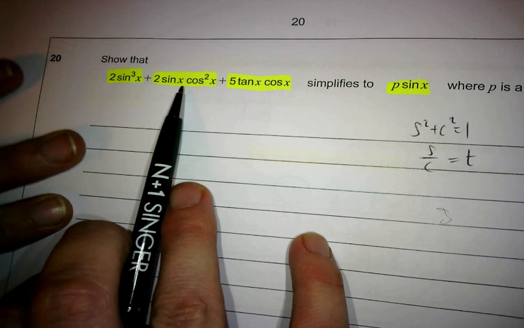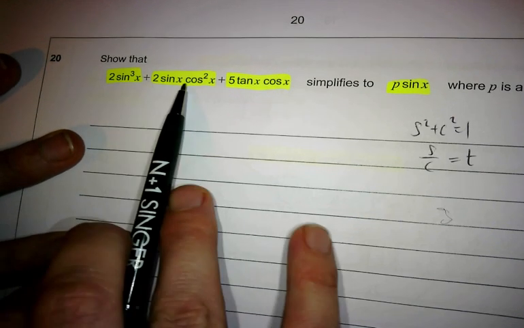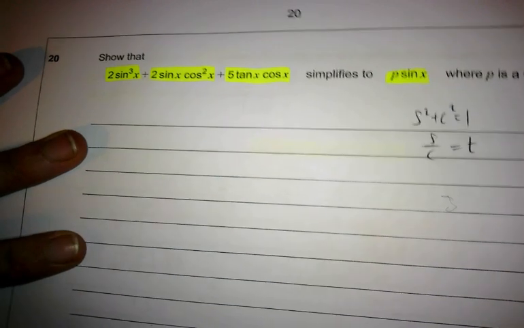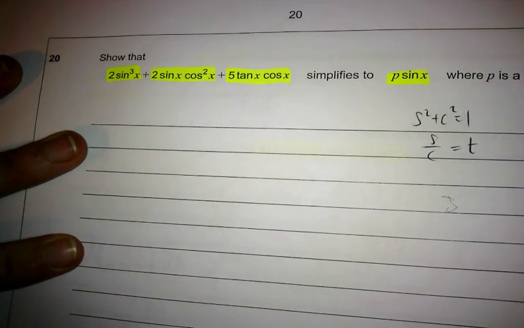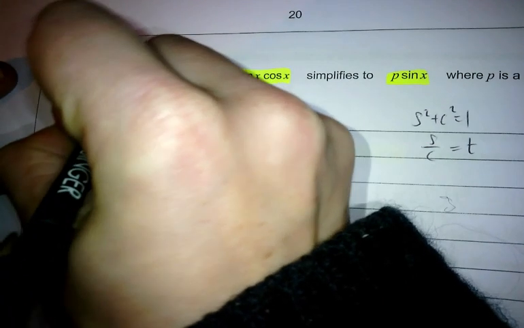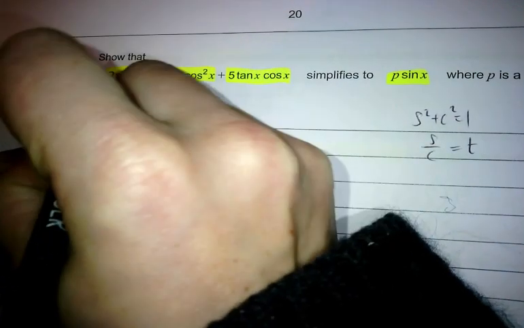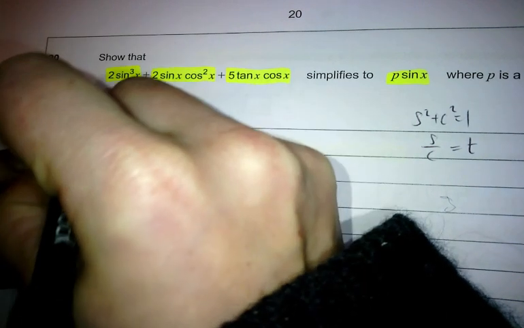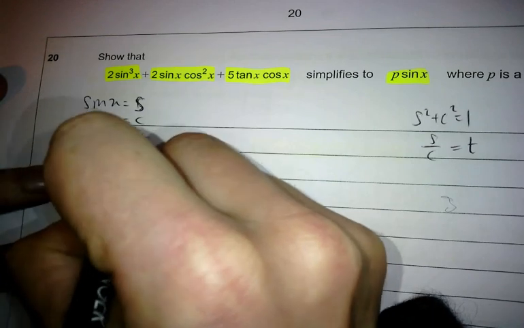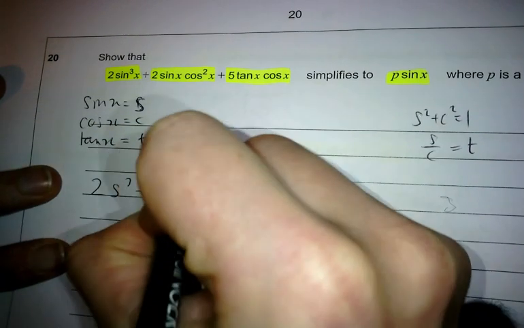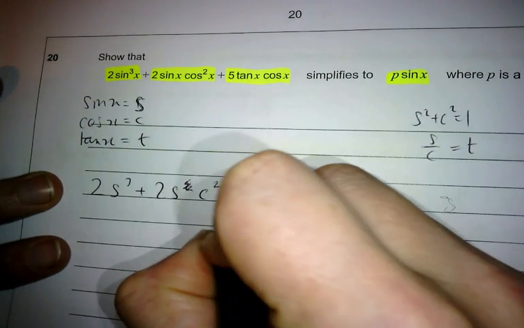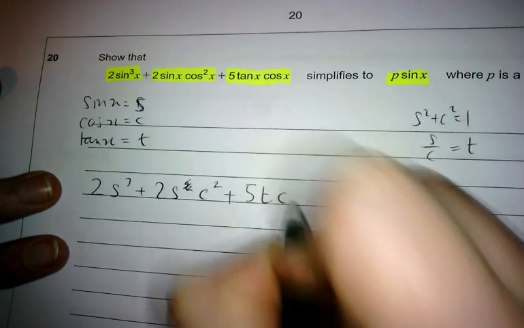The first thing I'm going to do actually is I can see that these first two terms share a common factor of sine, so I'm actually going to pull out a common factor of sine x. I'm going to write sine x's as s's, cos x's as c's, and tan x's as t's. So I'm going to rewrite this as 2s cubed plus 2sc squared plus 5tc.